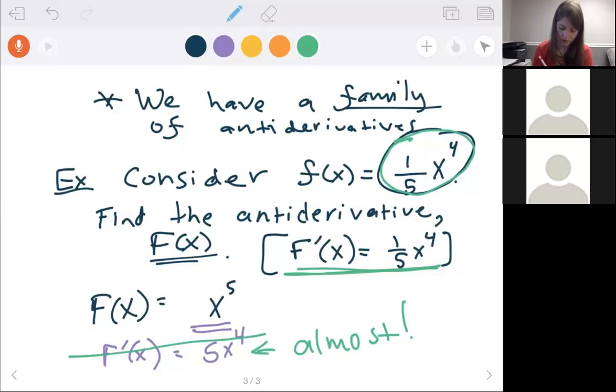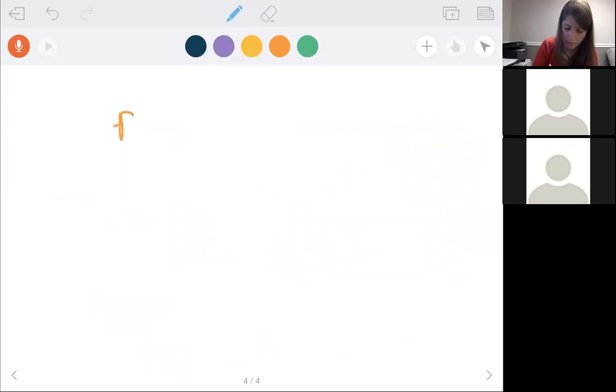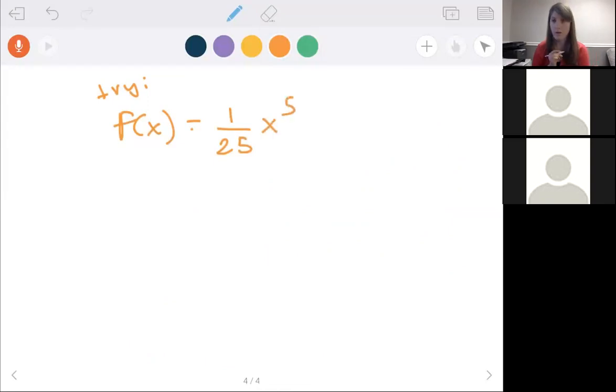Let's say we started with capital F of x is our 1 over 25 times x to the fifth. If we want to find the derivative of our capital F, we would use the power rule, and we would get 5 over 25, drop the 5, multiply by our constant, times x to the fourth.